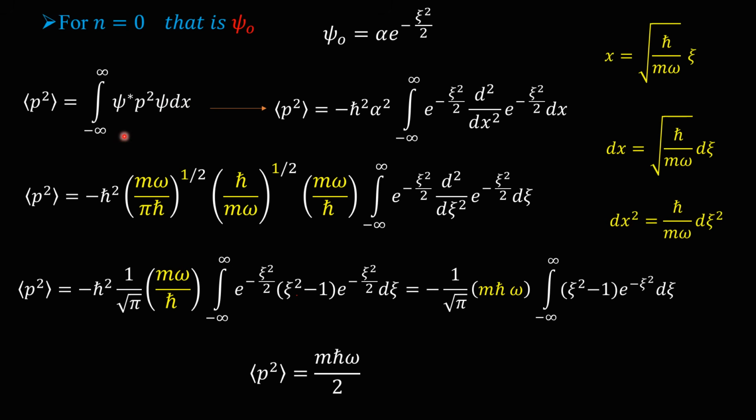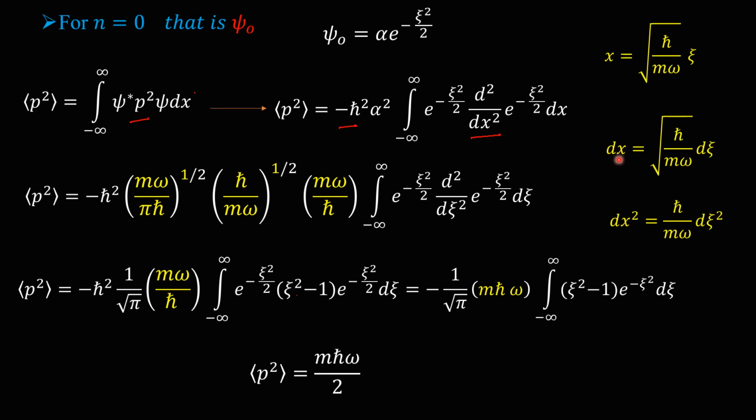I replace p squared by its operator, which by definition is minus h cross squared d squared over dx squared. Here you have x squared and dx, and all of it we have to change in terms of z. So you know x is equal to the square root of h cross over m omega times z.